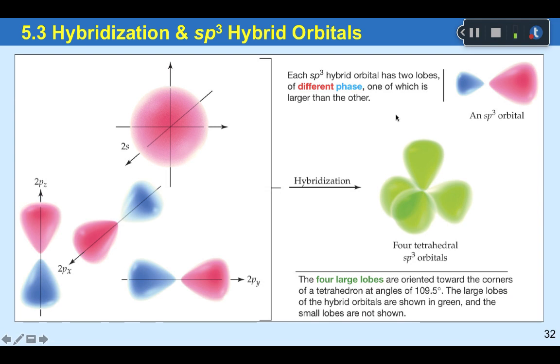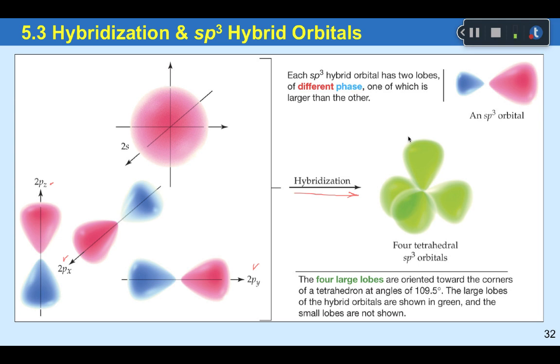So as shown from the diagram here, the s orbital is spherical. The three p orbitals are on different axes of the three-dimensional coordinates, and they have lobes that are two different types, so they're two different colors. And when you hybridize them, you can merge them all.